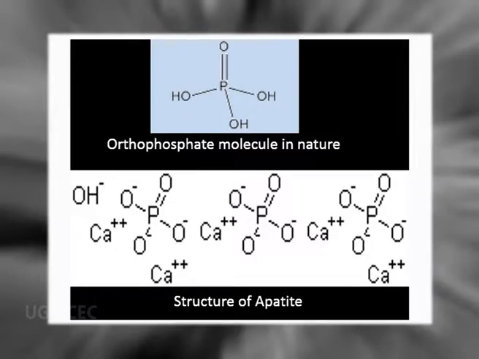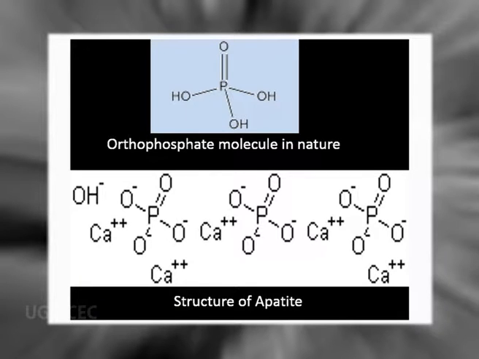So basically, if we consider the availability of phosphorus or distribution of phosphorus in the majority of living organisms or the majority of non-living components, phosphorus remains as orthophosphate. So orthophosphate is the chief molecule present in nature.